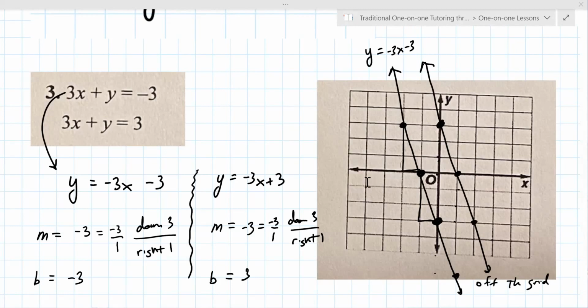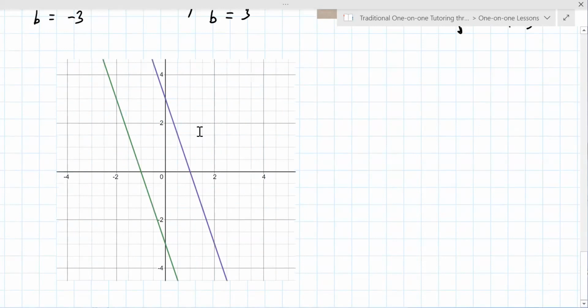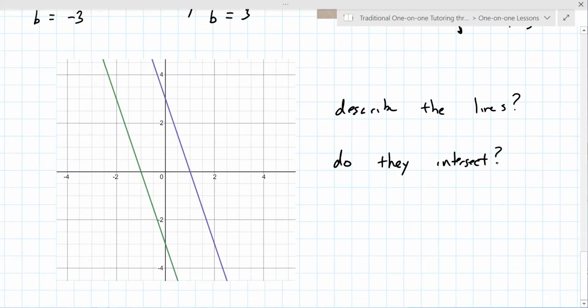Let me know when you get this graph down. I got it down. Okay, so what I've done is I've actually graphed this in Desmos, and it's a cleaner graph here so that you can see. How would you describe the lines? Well, my next question is, do they intersect?